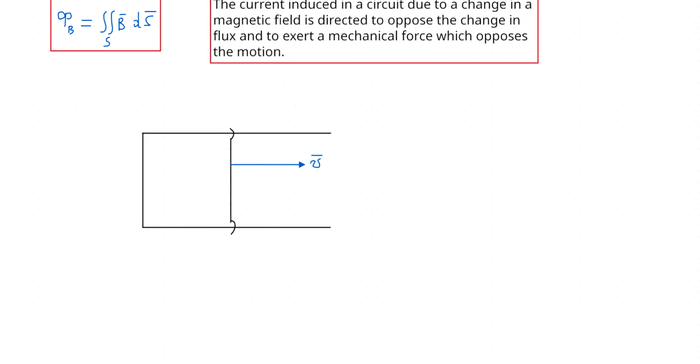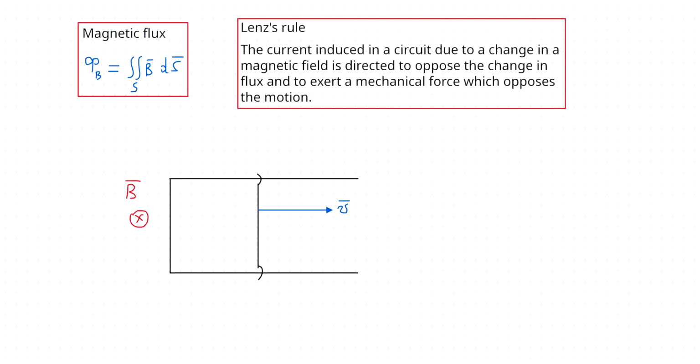And the system is in homogeneous magnetic field with induction B that is directed from us to the screen. And the question is to search some facts about induction current.